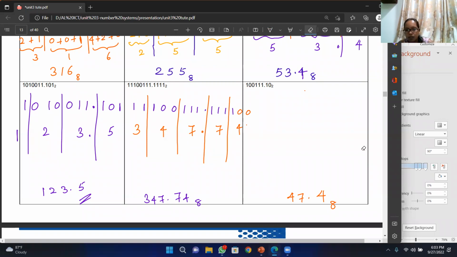What is the answer for the last one, Sinfan? 1001110.